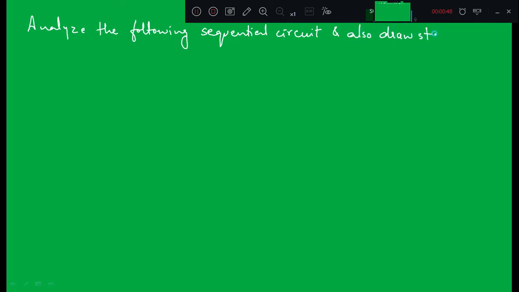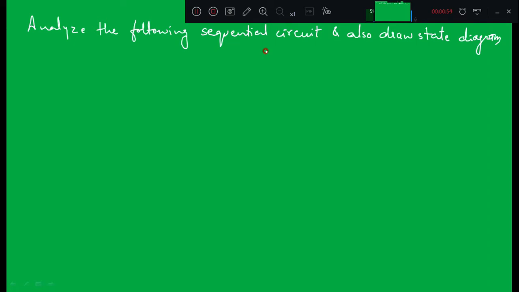Analyze the following sequential circuit, and also draw its state diagram.